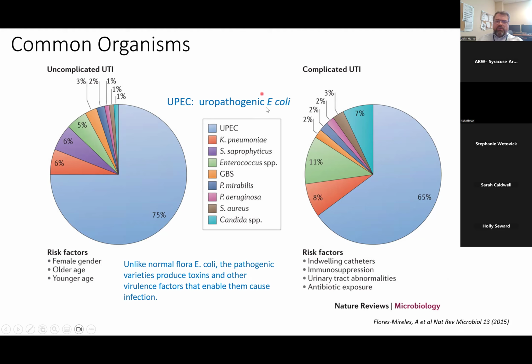E. coli alone shouldn't really be causing a problem, but if it's E. coli that has developed a way to become pathogenic, that's what this is. So unlike normal flora E. coli, it's pathogenic. It has toxins and other virulence factors and is able to cause infection. So it maybe acquires a plasmid or something and develops the ability to cause problems.